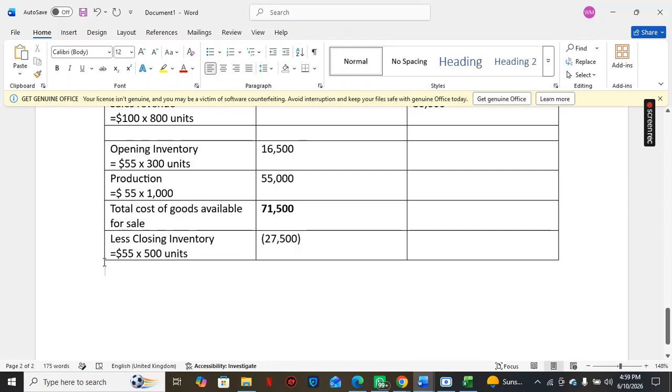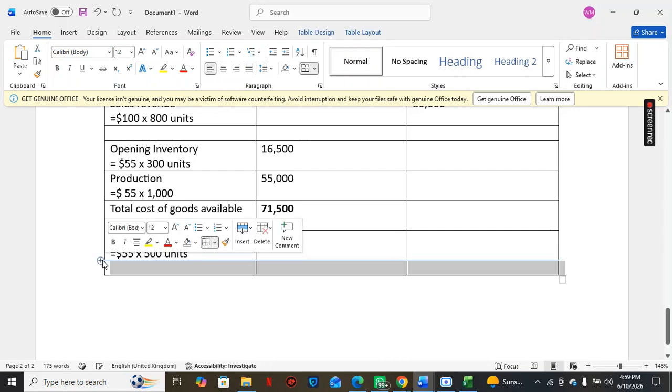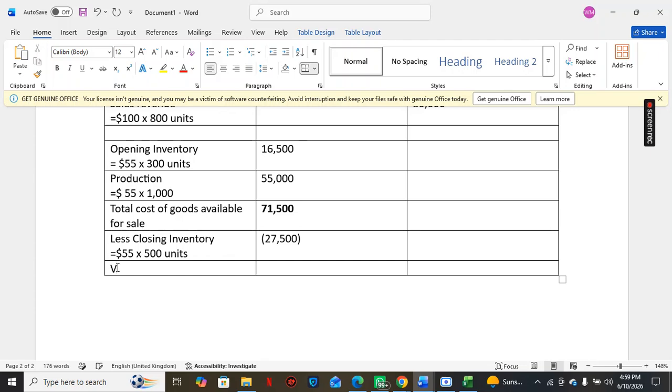So our variable cost of sales is 71,500 minus 27,500, which gives you 44,000. That is our variable cost of sales. Any questions so far?